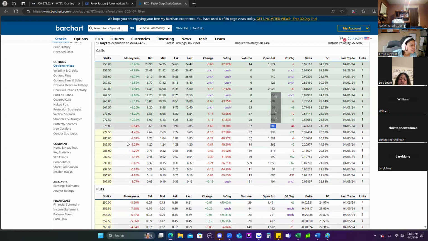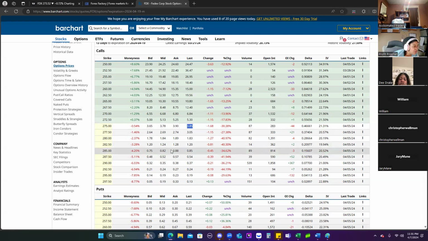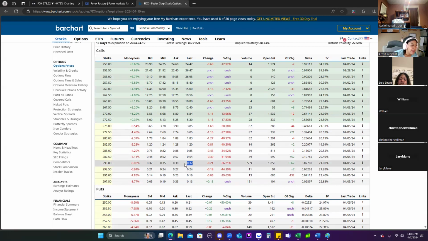That's too close. The pricing's not my favorite on that, so I would look at the 285. 290 is not even bad. You can make these shake a little bit. These might go up 20, 30%. They're right now $37, 38, 35, right in that range. Tons of open interest, a decent amount of volume.